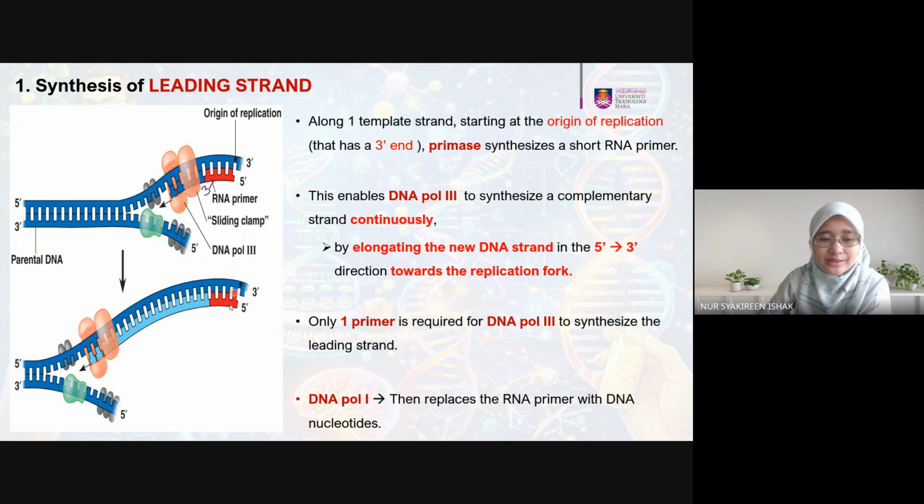This is done by DNA polymerase 1, which replaces the RNA primer with DNA nucleotides. You do not want the RNA nucleotides, so the enzyme replaces them with DNA nucleotides.